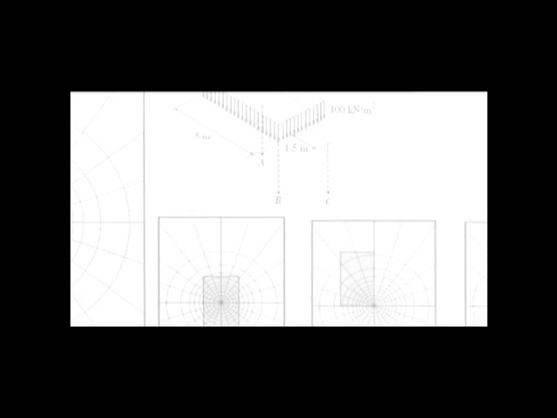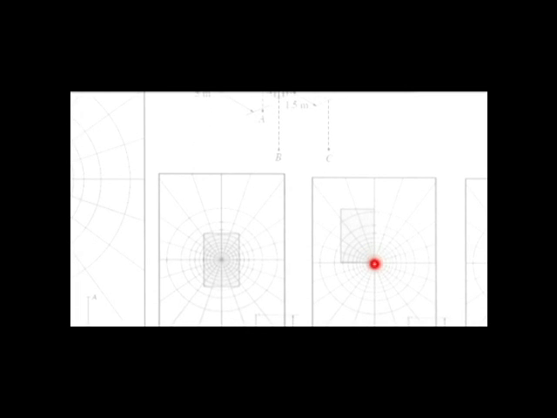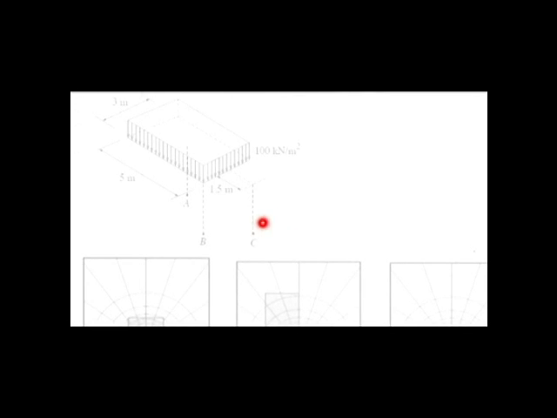Now B is at the corner of the foundation, so you have to make sure that point B is at the center of the Newmark chart. After you draw the plan, you get point B at the corner of the foundation. The same goes for point C, which is 1.5 meters away from the foundation.